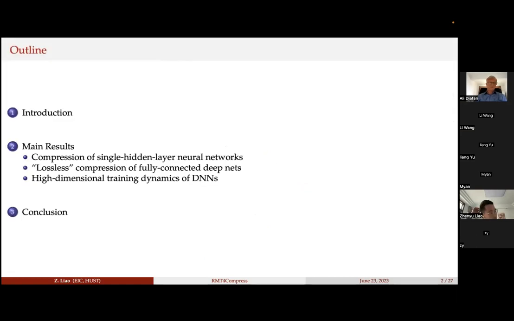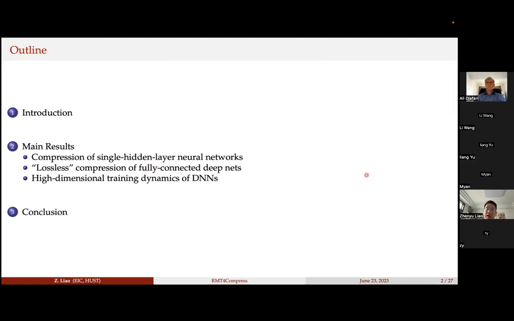So here is the outline today. We'll start with an introduction, talk about the motivation, why we care about the so-called random matrix tools, and why it's important to apply these mathematical tools in machine learning. Then I'll try to cover three recent results on the application of random matrix theory in machine learning, starting from compression of shallow, for example single hidden layer, neural nets to deep neural nets.